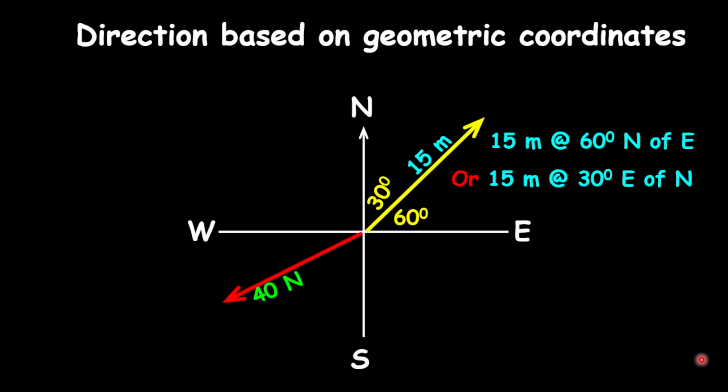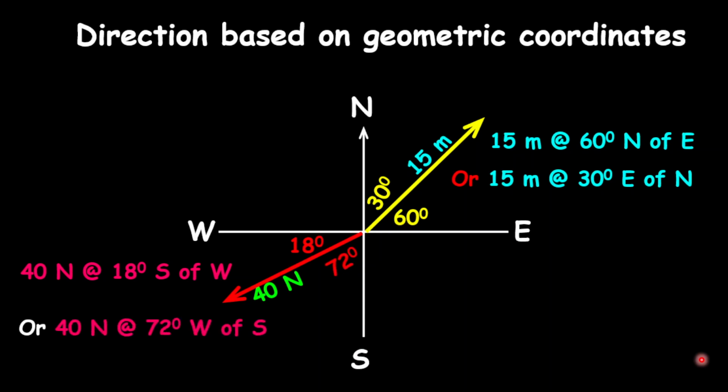If this vector is between west and south at 40 newtons at an angle of 18 degrees below the western line, how would you represent this vector? If you state 40 newtons at 18 degrees south of west, that is absolutely correct. Another way to say it is to look at the other angle, which is 72 degrees to make the 90.